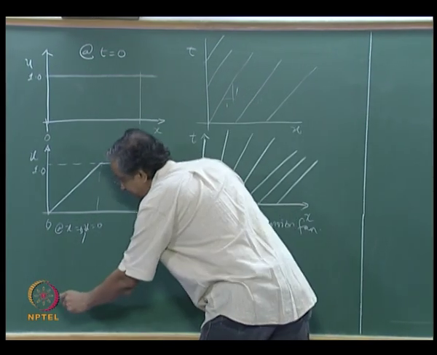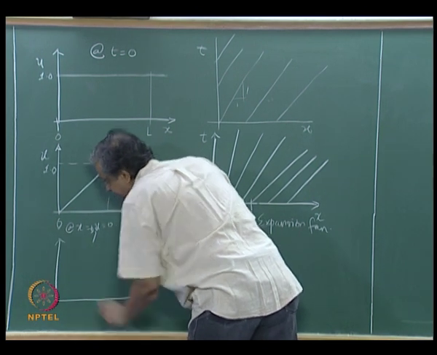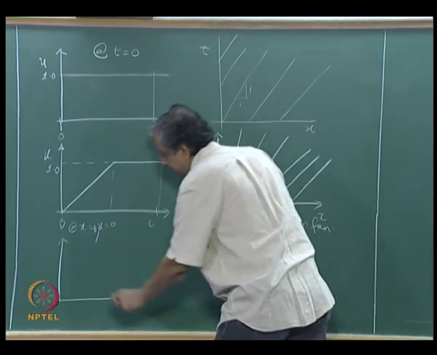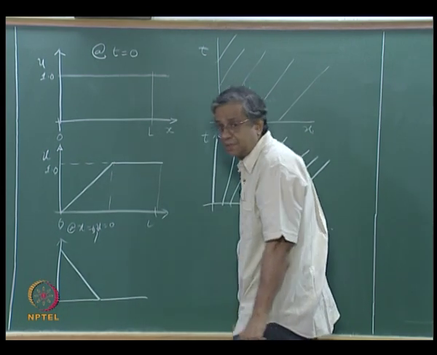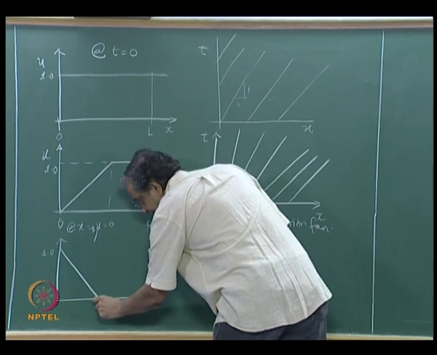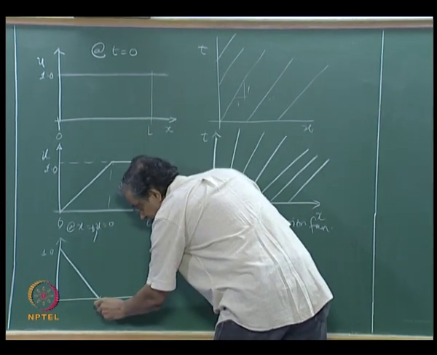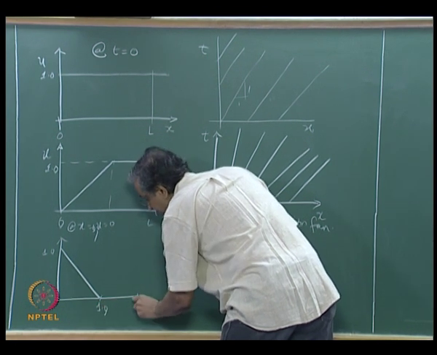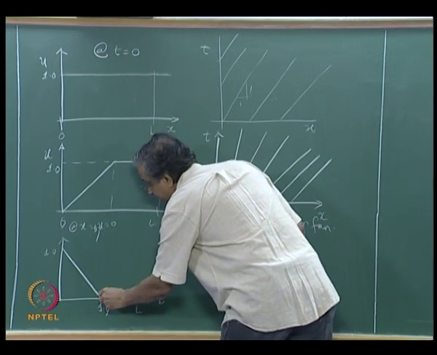The third example is going to start at 1. It is a 45-degree line going down to 0 here. So this is also 1.0, x equals 1, that is x equals L, and then it is 0 afterwards.